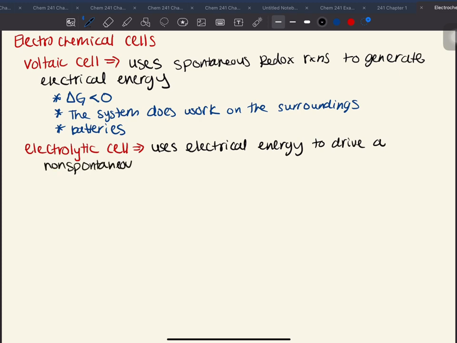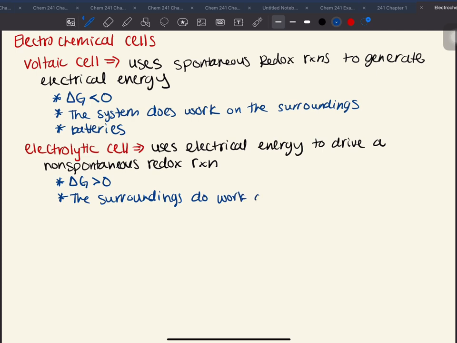We are not going to focus on this nearly as much in this class. What that means is delta G is going to be greater than 0. Delta G is going to be positive, and the surroundings do work on the system.